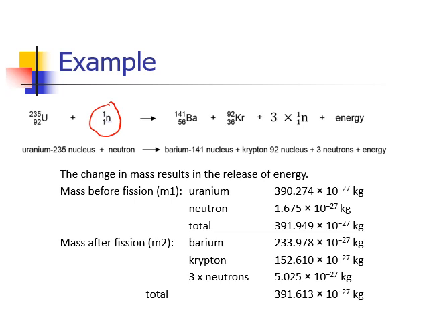So if we want to work out how much energy is being released by this reaction, we have to work out the mass of all the things before, the uranium and the neutron, and the mass of all the products afterwards, and look at the difference in mass between the two. So within the question, there will be details about what these masses are. And these will be small, so 10 to the minus 27 kilograms typically.